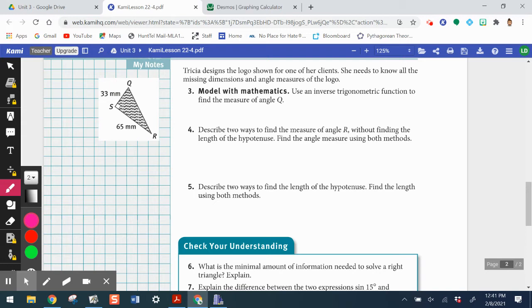So here in these next few problems, we are going to complete our second learning target. We're going to chunk 3, 4, 5 together, and they break down how to begin finding every unknown measure. So read through 3, 4, and 5. Try to complete those on your own before playing through.